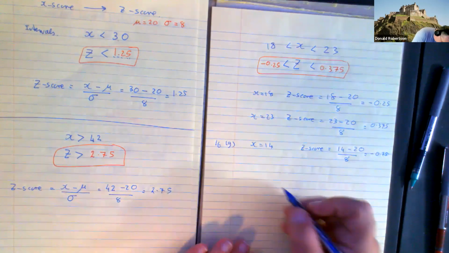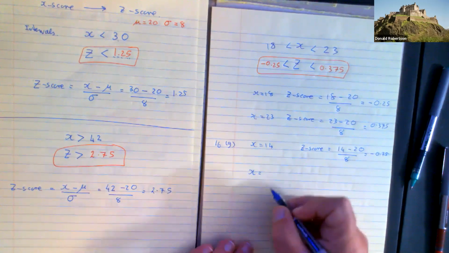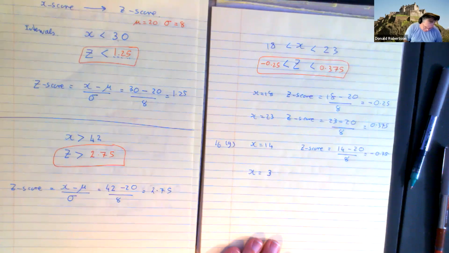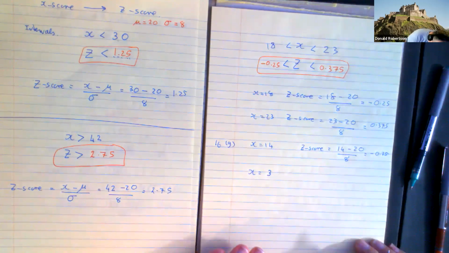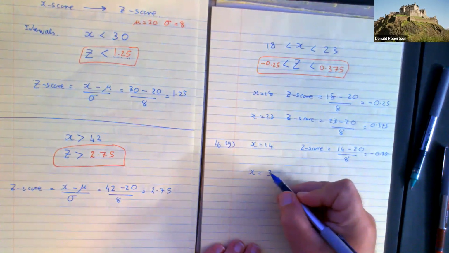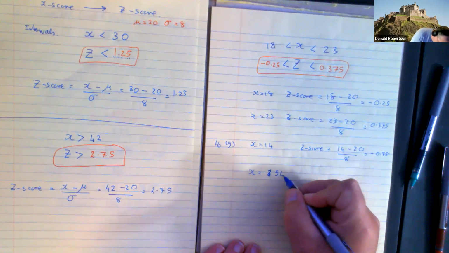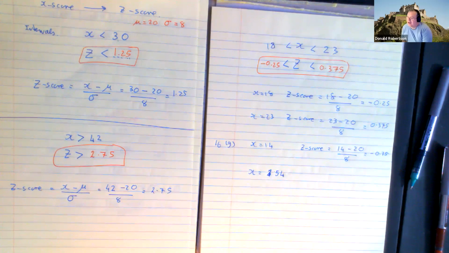So let's pretend I got one that's more like it. Suppose you got 3. Would that work? That wouldn't even work, not with the standard deviation. Oh, let's go the other side. She got 54. Is that unusually large? Right, let's try that one instead.